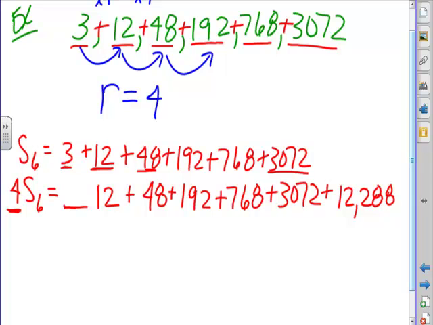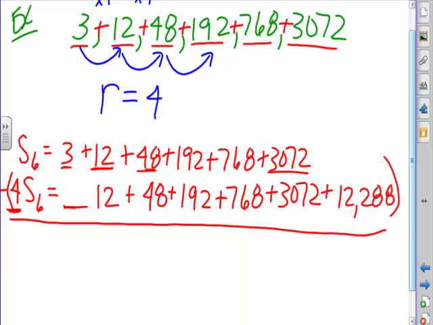So what am I going to do then? My idea here is I'm just trying to find a simpler way to add up a geometric sequence, or geometric series. So I'm going to subtract this new equation I've created from the top equation. Hopefully you'll see that something interesting happens here.